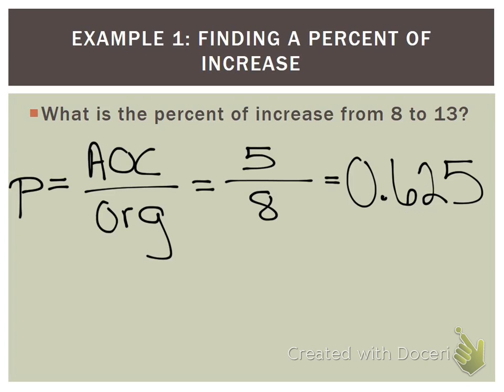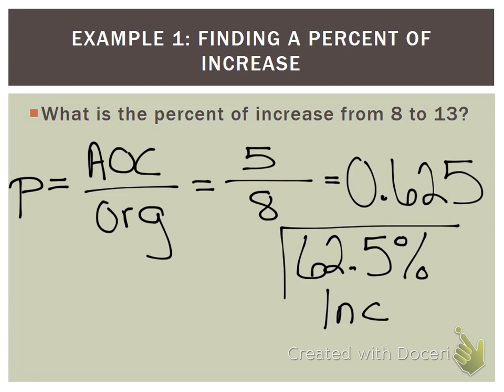But 0.625 as a percentage, because remember it's percent of change, how do I write it as a percent? 62.5. The problem gave it away anyway, but I'm still going to write it: percent increase. And I'll let you write INC for increase instead of the whole word. So we can abbreviate that too.